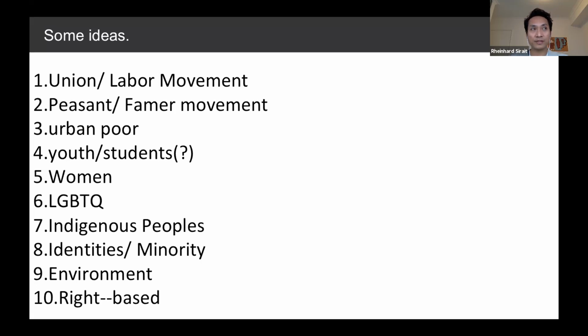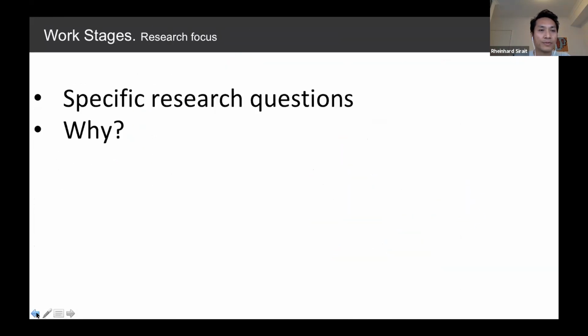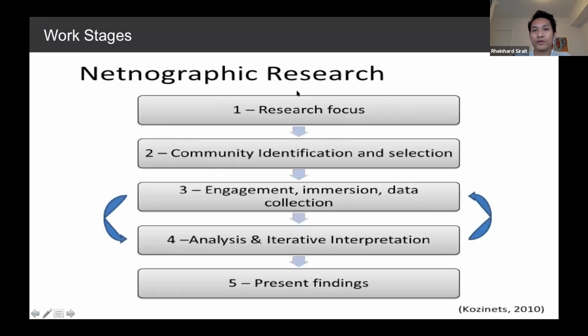What I want you to do is plan your research week by week, and then give us your planning. So for instance, in week 1, I want to start with the research focus. The deliverable for week 1 is to find the research questions, and then you send us your research focus and why you chose that focus.